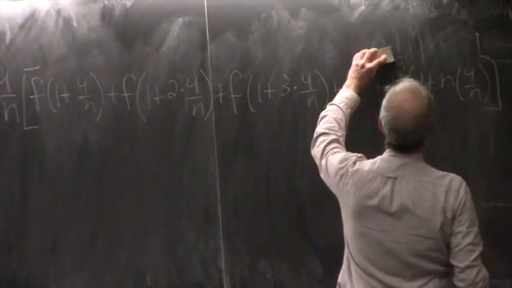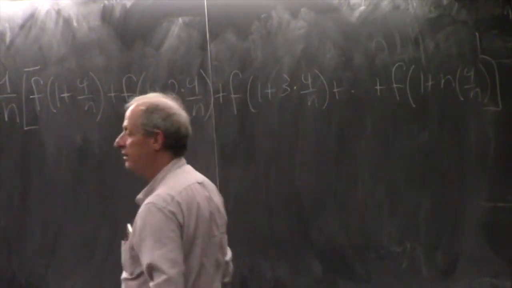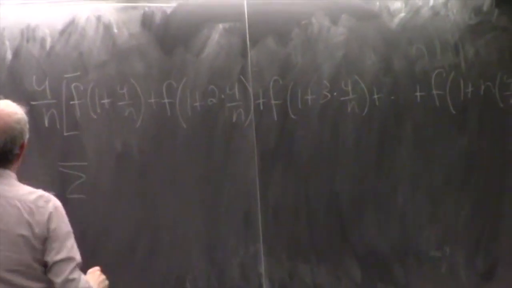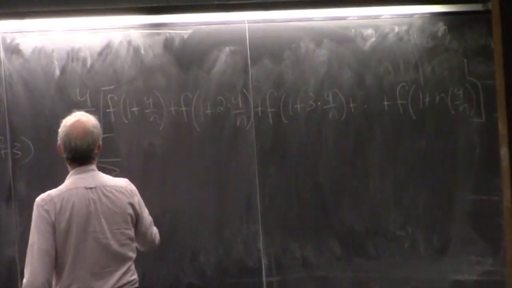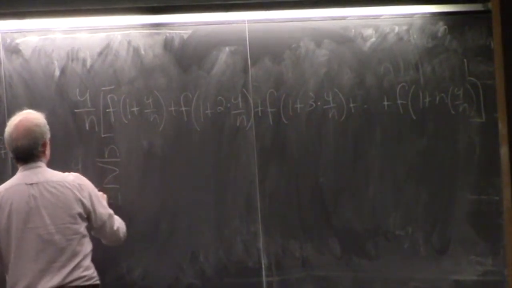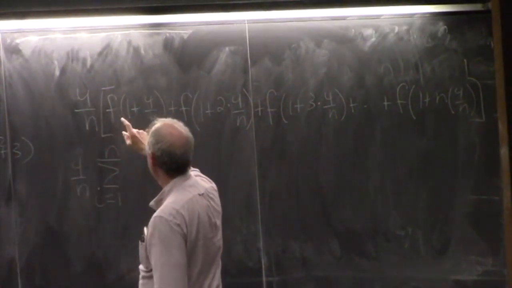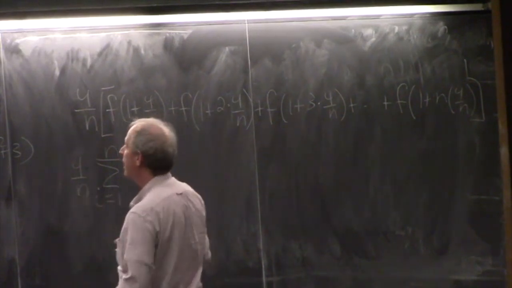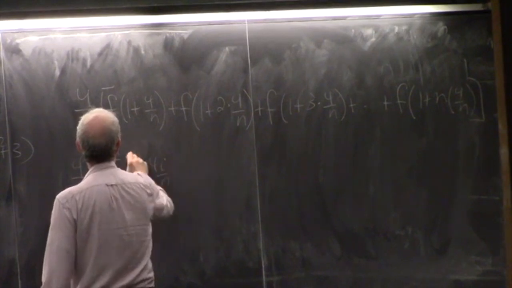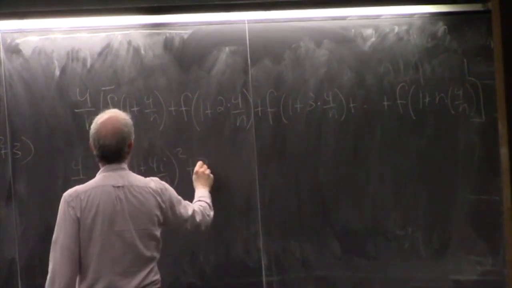So if you're making that fancy sigma thing, it's going to be the sum from i equals 1 to n of 4 over n times f at 1 plus 4i over n. In other words, 1 plus 4i over n, squared, plus 3.